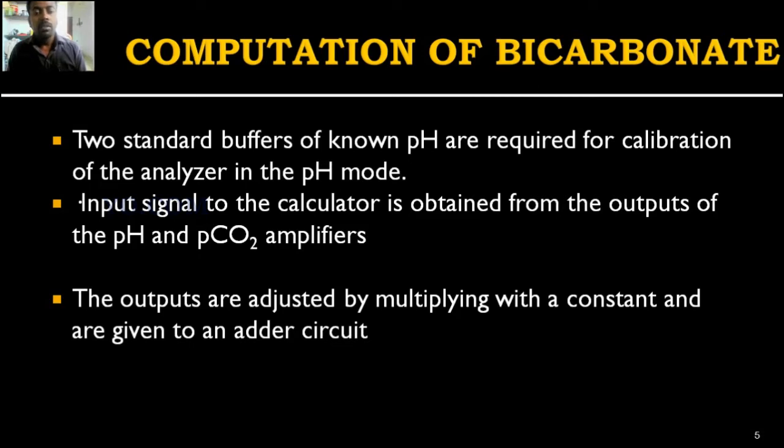The input signal to the calculator is obtained from the output of the pH and PCO2 amplifiers. The outputs are adjusted by multiplying by a constant and given to the adder circuit.